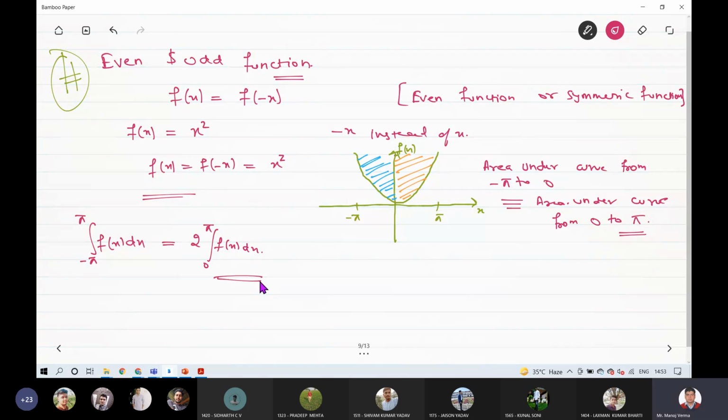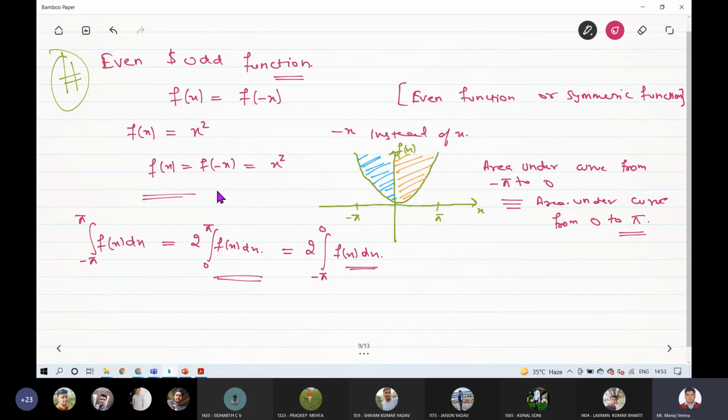As you can see, the total area under the curve will be equal to twice the integral from 0 to pi of f(x) dx. In general, it can be from minus a to a, and it can be from 0 to a.